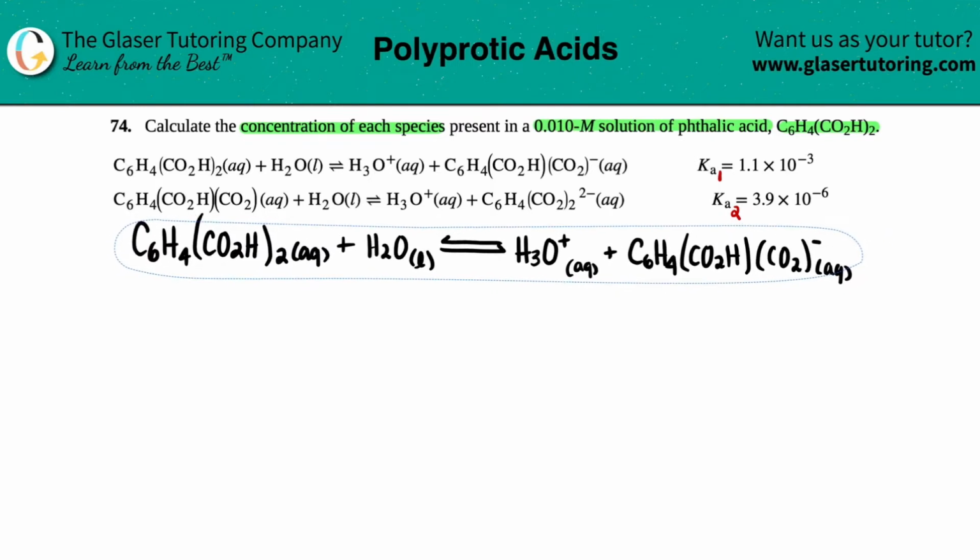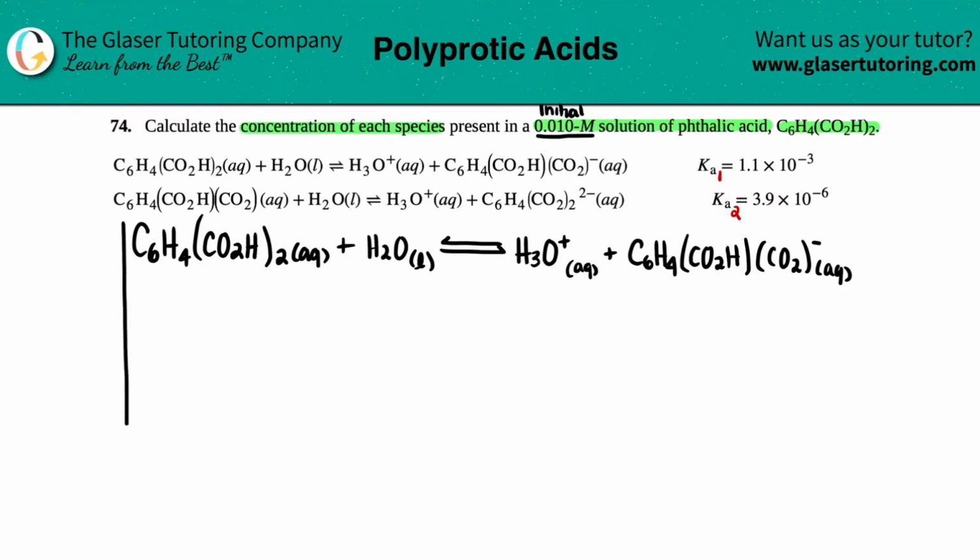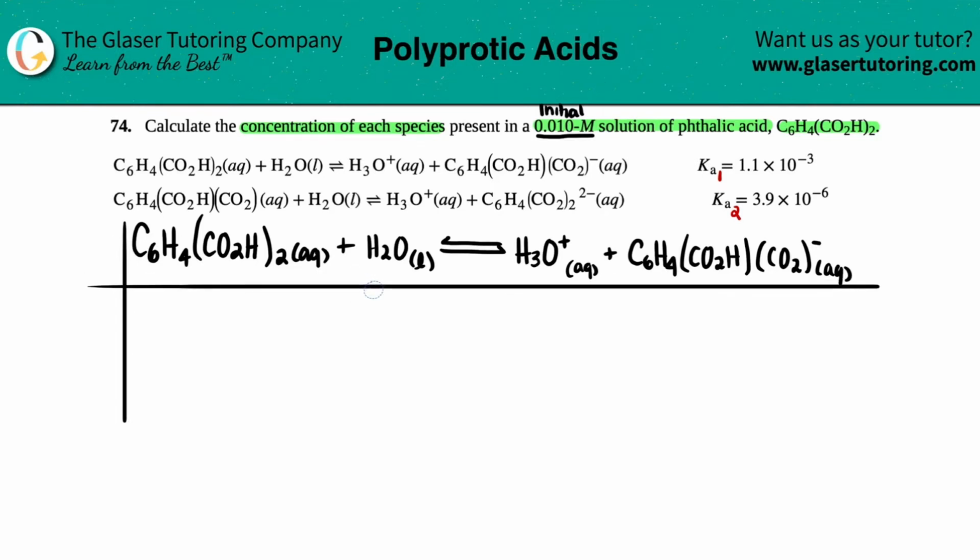All right, so I'm just going to pull this over. Now, since they only told us that we're starting off with a 0.01 molar solution of just phthalic acid, that's an initial concentration. And anytime they give us an initial concentration with a weak acid, we know that we have to do an ICE chart. So let's do that. Bring this a little bit down.